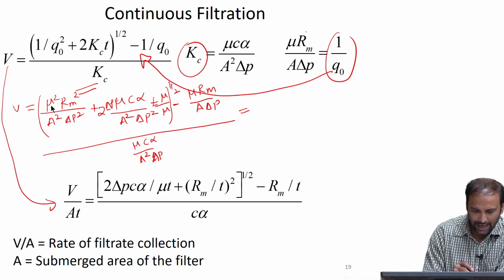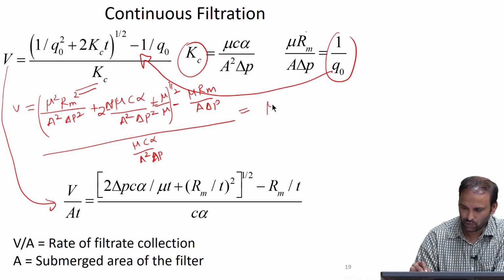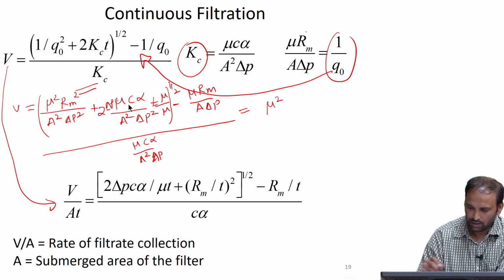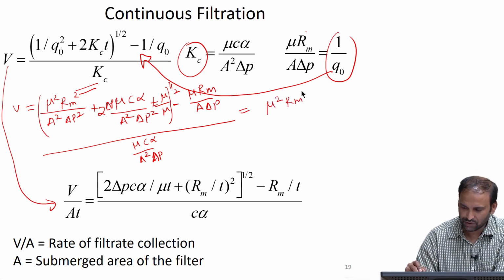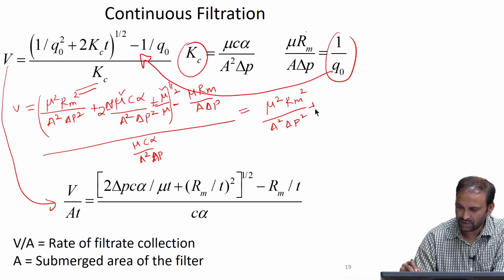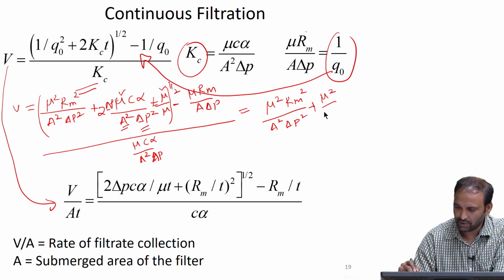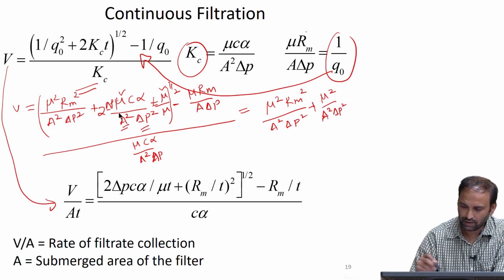So, what I can do is, I have mu square there, and r m square divided by A square delta p square, plus I have mu here, that basically makes it mu square, right. I have A and delta p square divided by A square delta p square, okay.